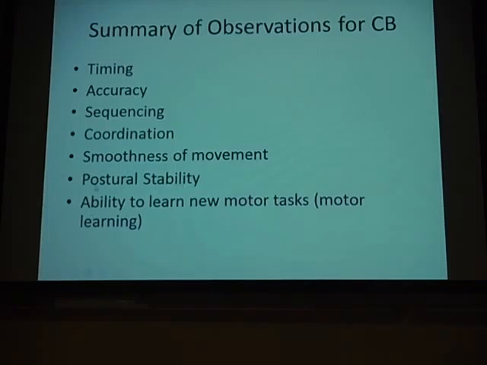It provides a backdrop of postural stability that we can move on, and it facilitates our ability to learn new motor tasks. If we have damage to the cerebellum, then any or all of these can be affected. And often the term that we use is ataxia when we have problems in multiple domains, but we can also measure and identify the symptoms separately.